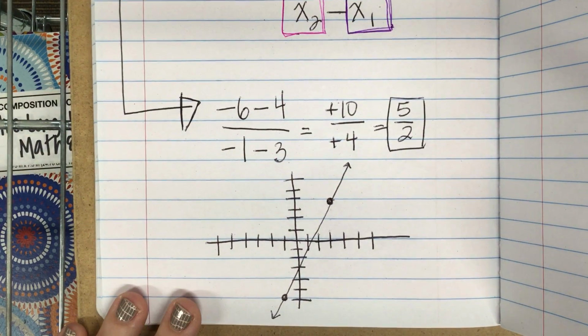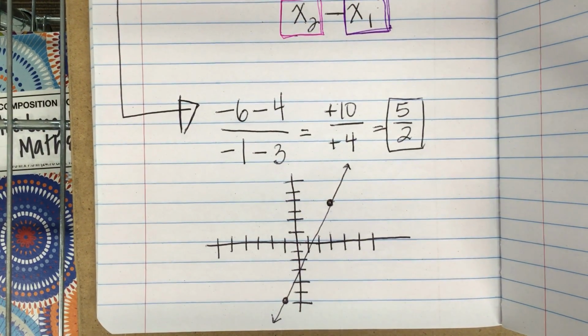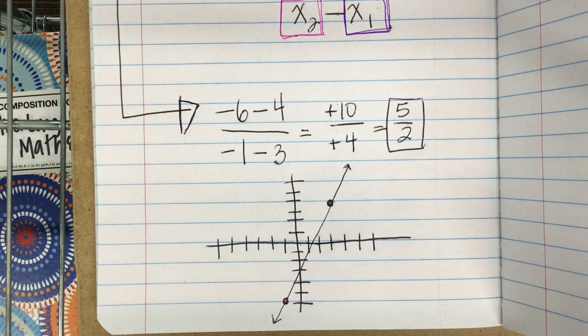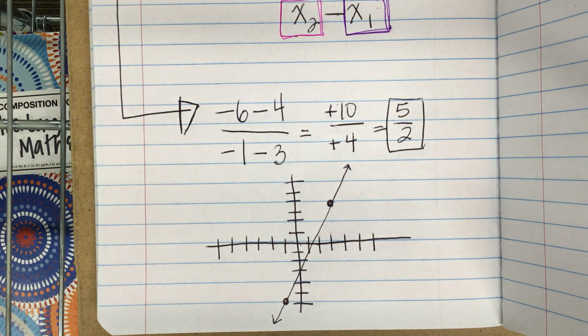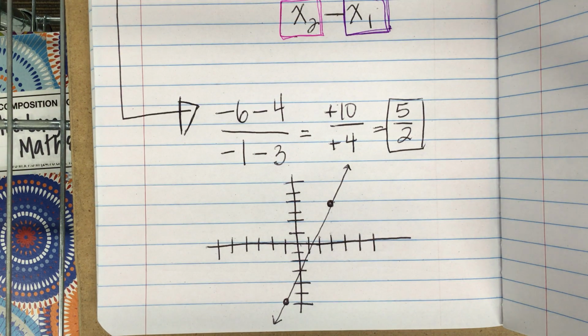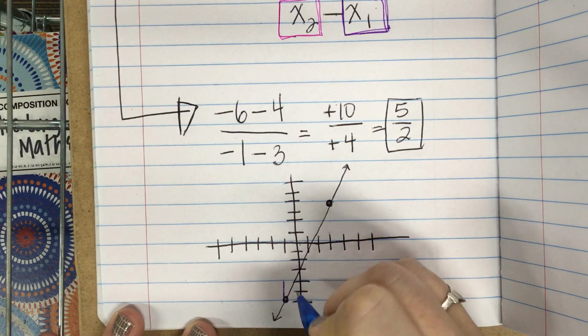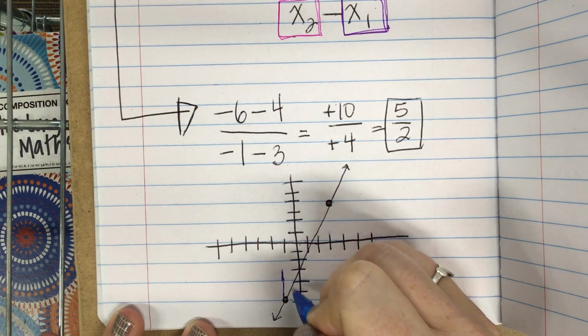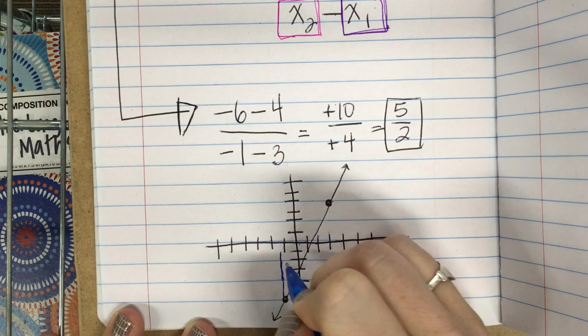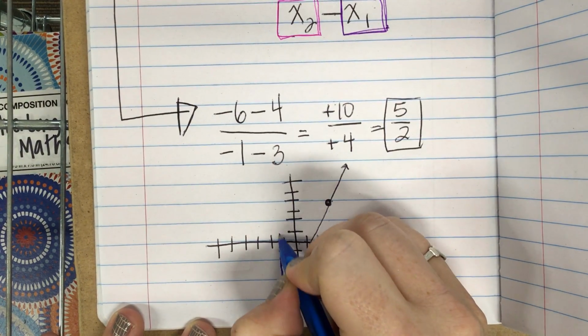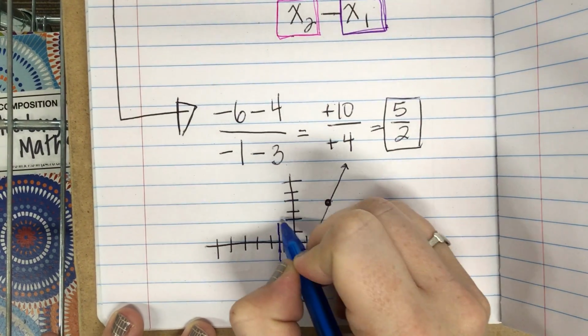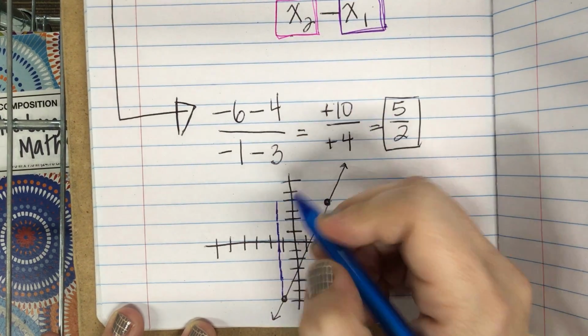And let's check the slope, right? So I have my graph. It's totally doable to draw a graph and then count your slope. It's faster to just subtract your y values and subtract your x values. And if I count, I go up 1, 2, 3, 4, 5, 6, 7, 8, 9, 10.